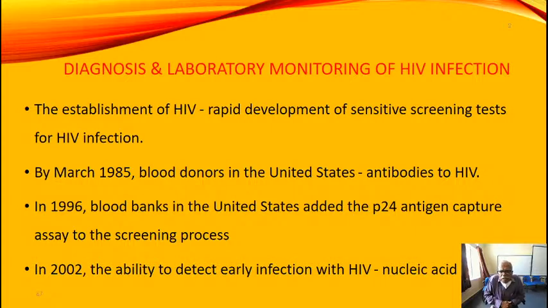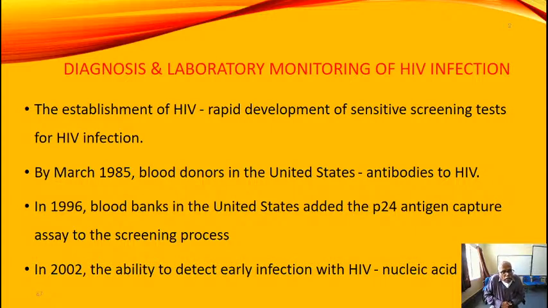Better means, if you go to the history, there is one entity called window period. If you use the older diagnostic methods, the window period is more. The average window period in those days to diagnose HIV infection was 3 months minimum to 6 months.